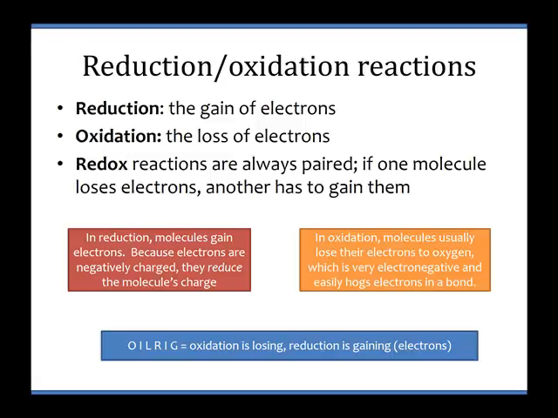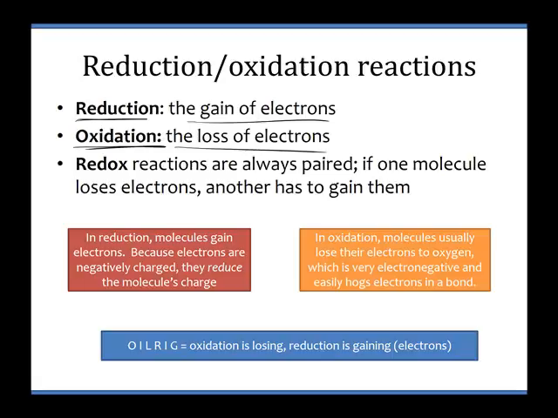Remember we said that a chemical reaction is the transfer of energy or electrons, atoms, etc. Reduction and oxidation reactions in particular have to do with the transfer of electrons. Reduction means the gain of electrons. Oxidation means the loss of electrons.